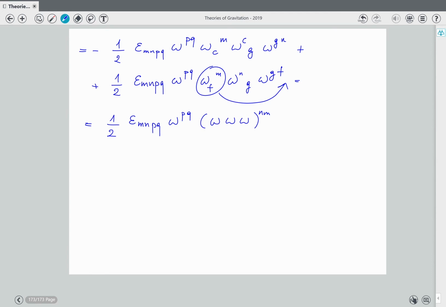Let me check again the order. N, G, G, F, F, M. Okay. So N, M, yes. But the first one seems to be the same, but there is a minus. Let's check. The minus sign is plus, I think, because the determinant of the delta is minus.